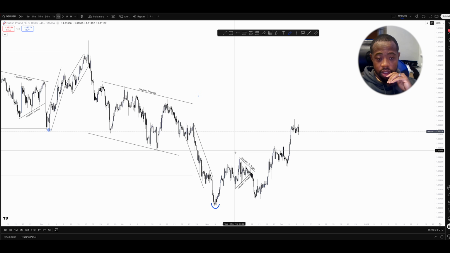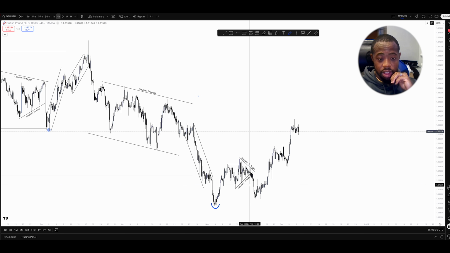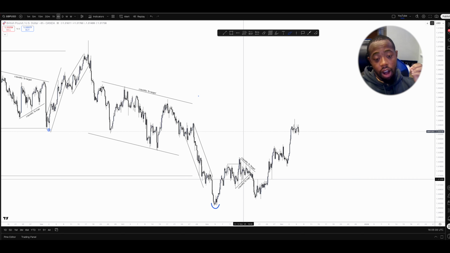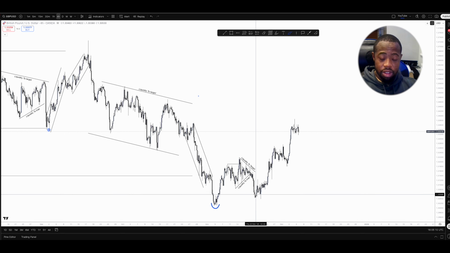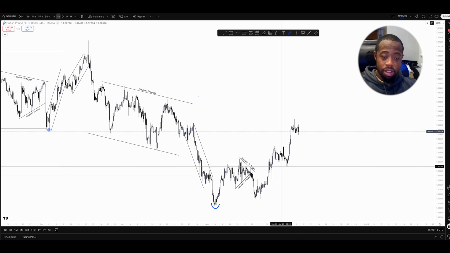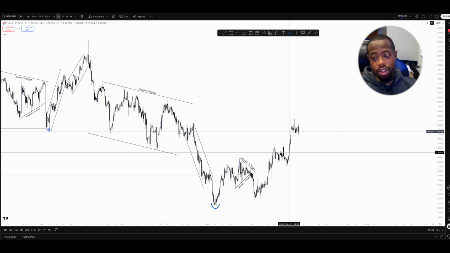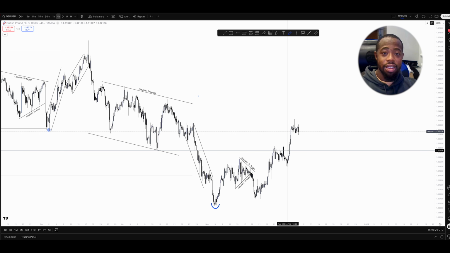All right. So it's as simple as this, isn't it? You have your liquidity to target, you have liquidity to trap, and you find your entry after the liquidity has been trapped, and you trade towards the liquidity that you want to target. But what's the key here? The key here is that you need liquidity on both sides. You need liquidity first to target, and you need liquidity to trap.